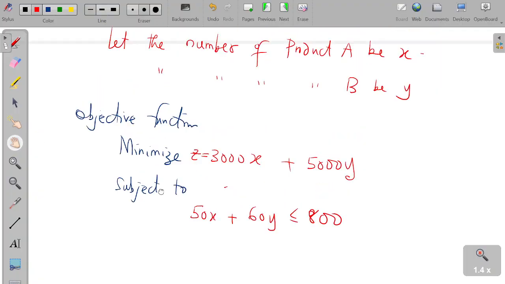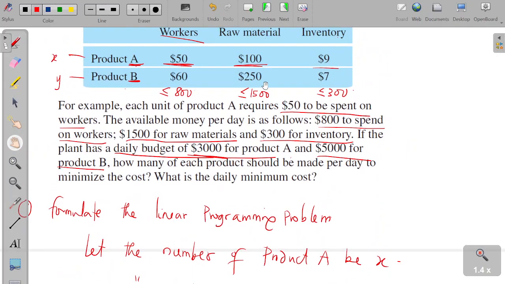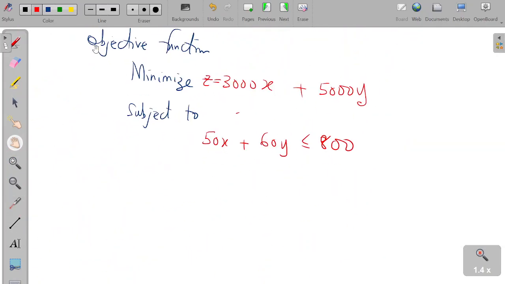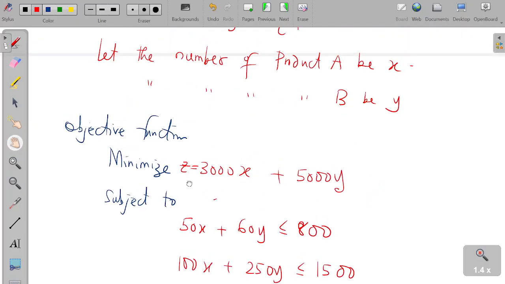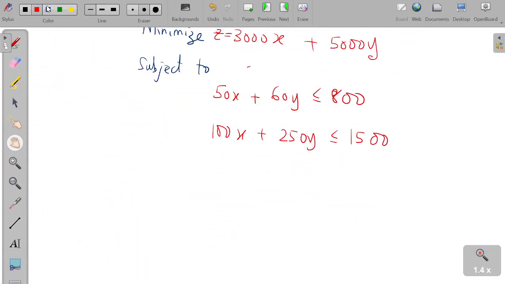The second one is 100x plus 250y less than or equal to 1,500. And then the last one is 9x plus 7y less than or equal to 300.